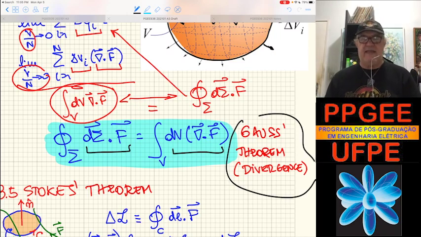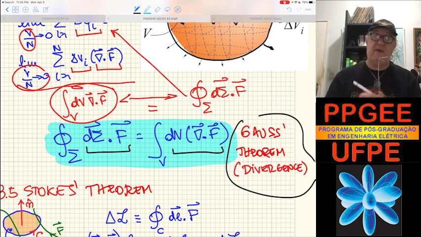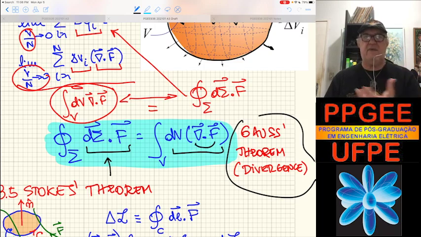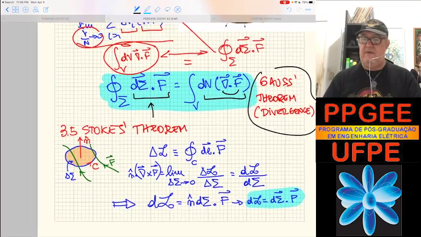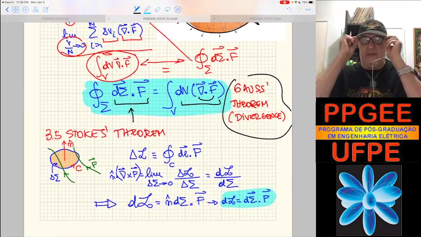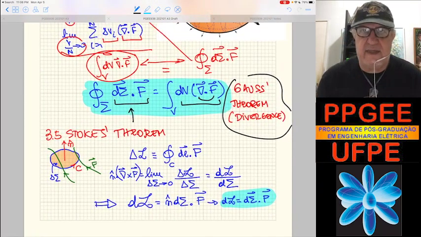It's also called the divergence theorem. You can calculate the flux outward through a closed surface by calculating the divergence of the field and integrating on the volume, and vice versa, right? You can calculate one or the other. That's the first theorem that's important, right? We're going to have some important consequences of that for our vector fields in electromagnetics.